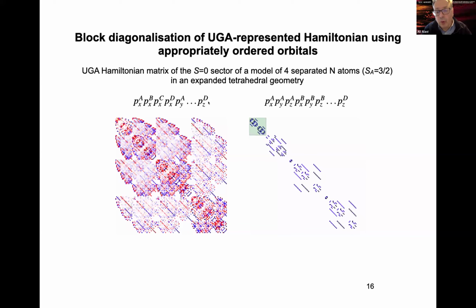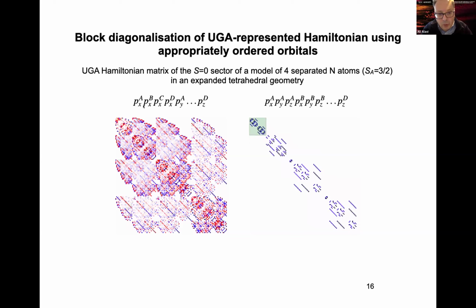Using 2 different orderings of the orbitals. Now, in one ordering, which is actually the one that you would normally use, we put all the px orbitals of the 4 nitrogen centers first. And the reason why you do that is because you can then spatially adapt by forming space adapted linear combinations of these px orbitals together.